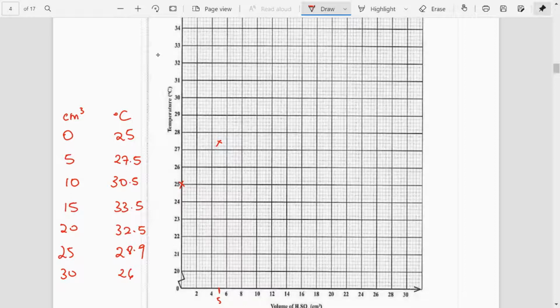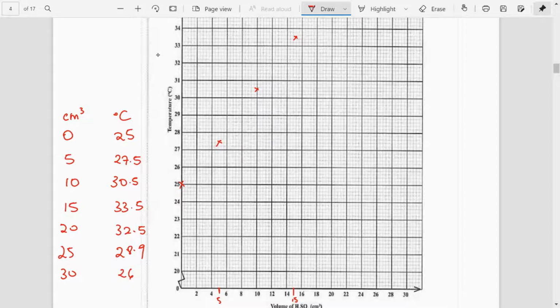At 15, which would be right about here, we'll have 33.5. 33.2, 4, 4, 5 right here.